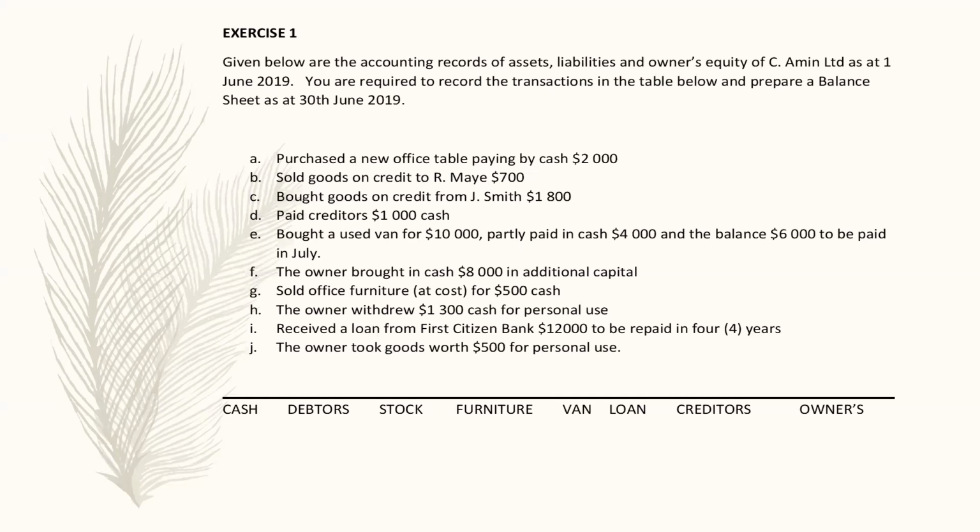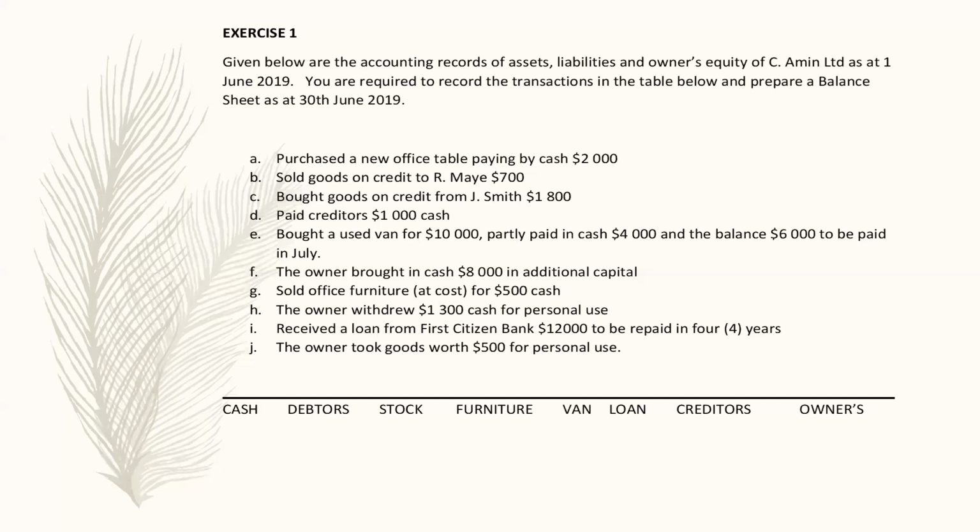You put minus $2,000 under cash. And under your office furniture, you put a plus $2,000 because the business received a new office table. So that will add to the business furniture. So that's the first one.